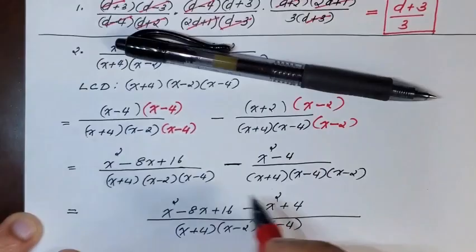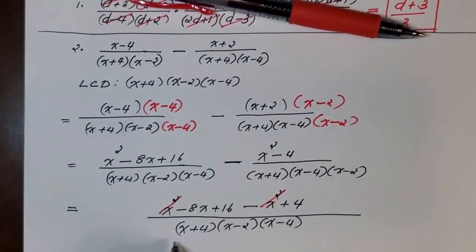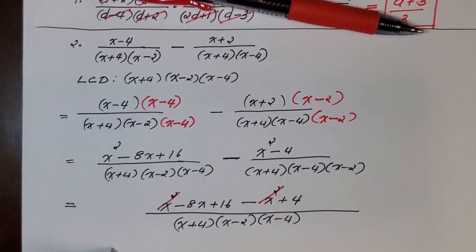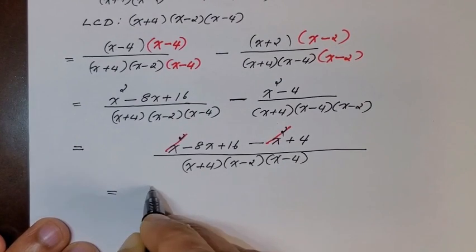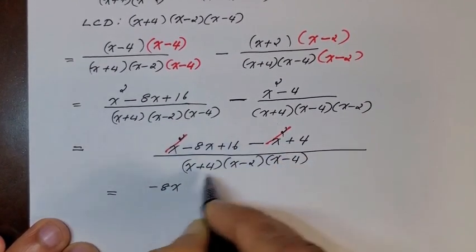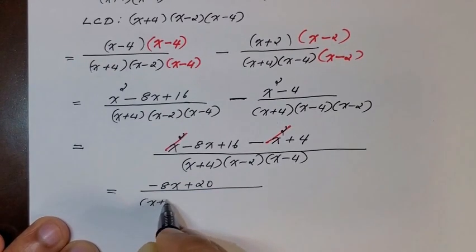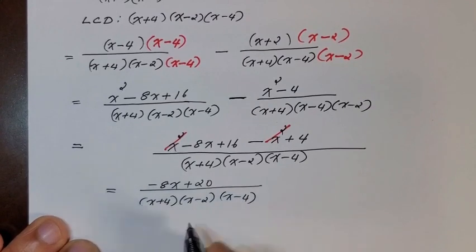So cross out the x squared, and we are almost there. So that is equal to negative 8x, 16 plus 4 is plus 20, divided by (x plus 4)(x minus 2)(x minus 4).